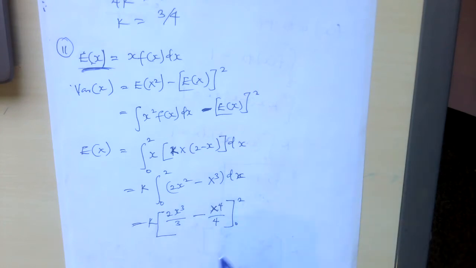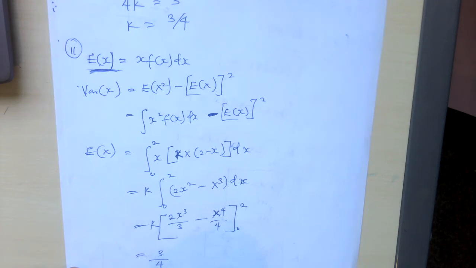But when you substitute 2 for all the x, minus substituting 0 for all the x, I won't spend time on putting the value 0. Just focus on this. So our k is 3 over 4.